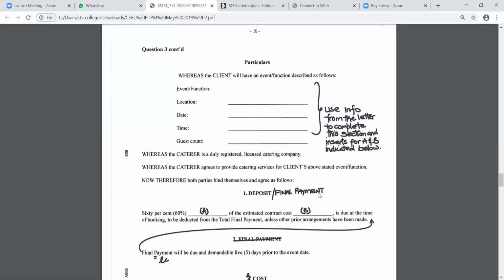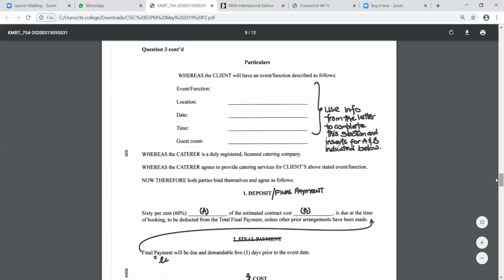60%. Which part of the paper did we have to figure out this from? Which one of the questions? Scroll on the question, see if you all could figure it out.